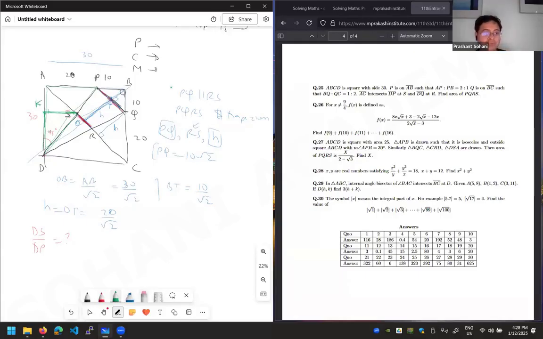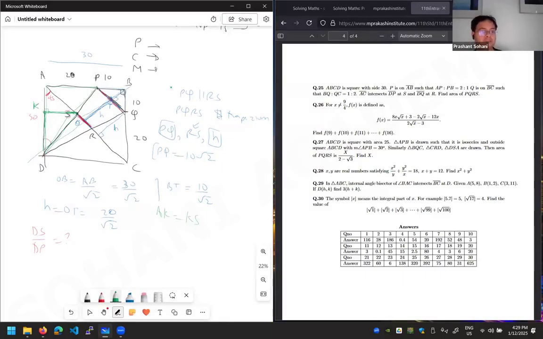This angle is not 45. The upper angle here is 45. This angle is 45, so what I can use is, if I call this point K, then I know AK is equal to KS. So we will get something from that.